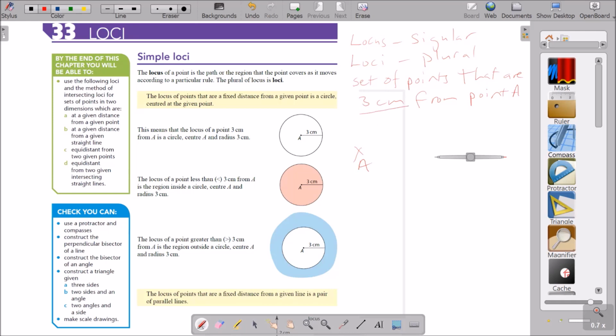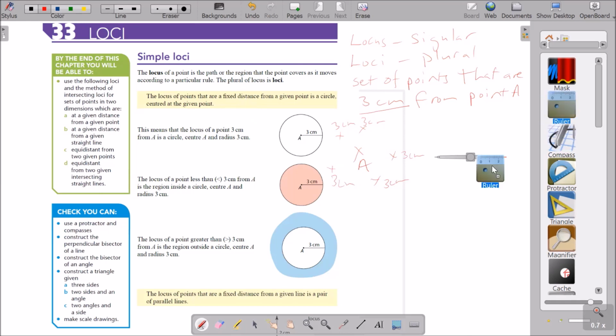So all these points define a circle. When we join all these points, they define a circle. So the set of points that are 3 centimeters from A is a circle with a radius of 3 centimeters.